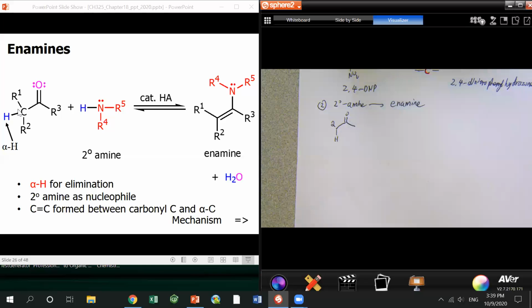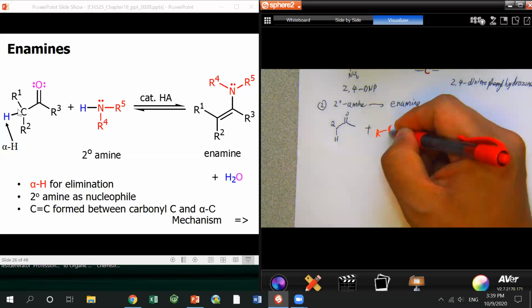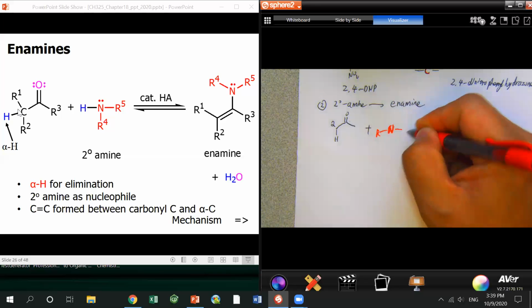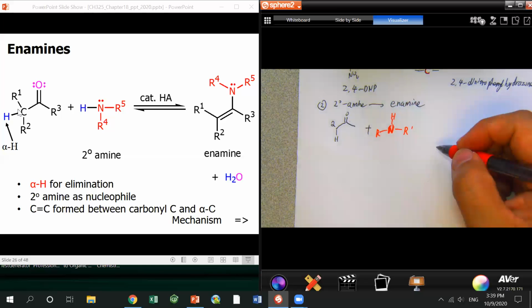And then you react it with a secondary amine. The secondary amine has two R groups, the nitrogen here, and one hydrogen.